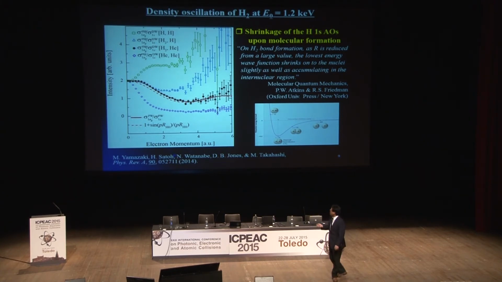This is supporting chemical bonding theory in that shrinkage of the hydrogen 1s atomic orbitals occurs upon molecular formation. I would note this topic may be related to the excellent work of the next speaker.